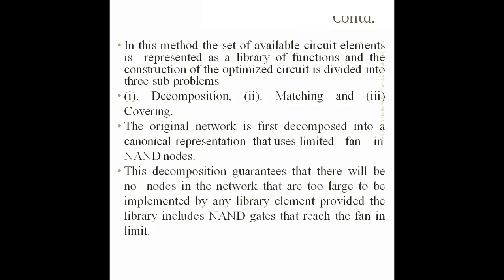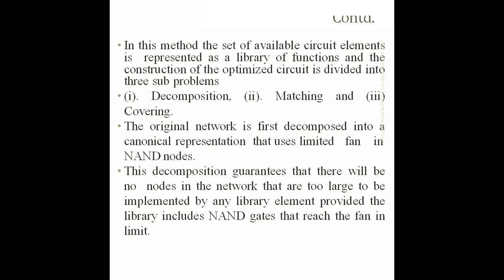In this method, the set of available circuit elements is represented as a library of functions, and the construction of the optimized circuit is divided into three subproblems: decomposition, matching, and covering. Okay, these are three different steps. The original network is first decomposed into a canonical representation that uses limited fan-in NAND nodes.